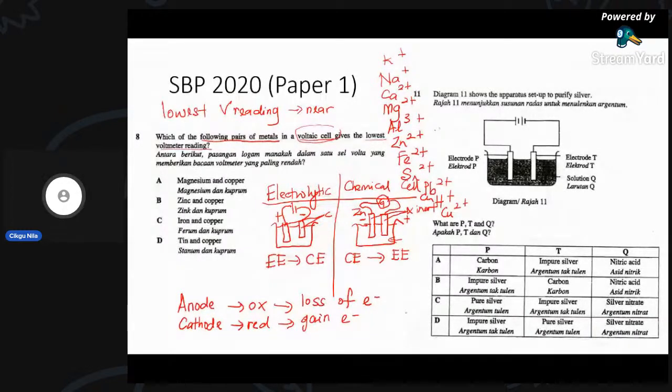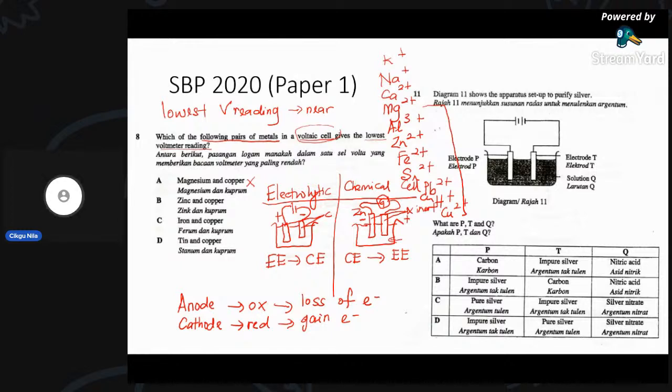So there's no silver over here. Magnesium and copper: if you observe, they are so far away from each other. So they must have the higher voltmeter reading. So it shouldn't be A.